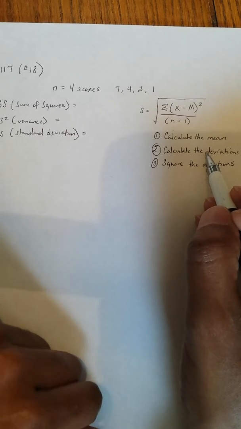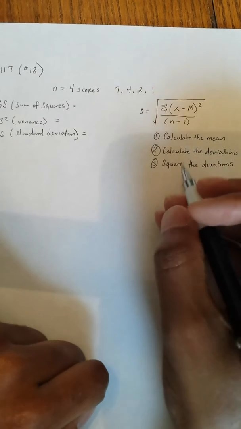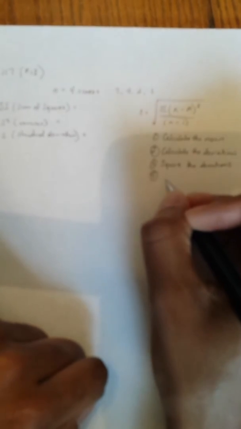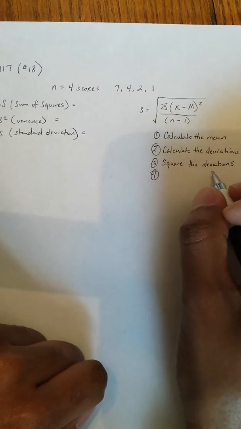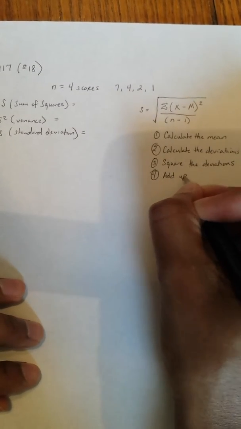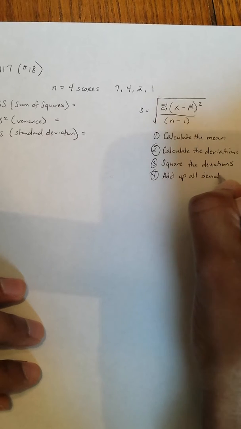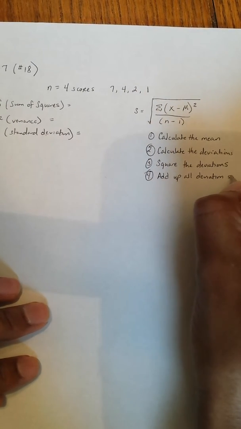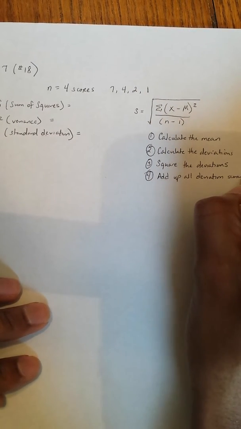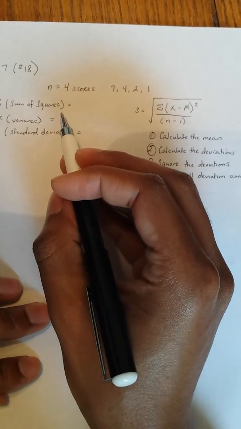Okay. Why? Because that mean is the center of the data, and all these scores will balance out around the mean. So we know that we're going to get zeros. So because of that, we have to square all of our deviation scores. After we square all of our deviation scores, we're going to add up all the squared deviation scores, which will give us our sum of squares.